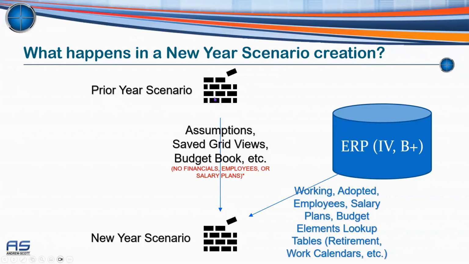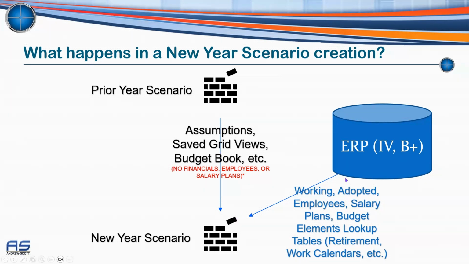So that's why you choose your adopted. None of the employees, none of the financials got carried into the new year. All of that was reloaded fresh from IV. Salary plans, all of your retirement statuses, that all gets loaded fresh.